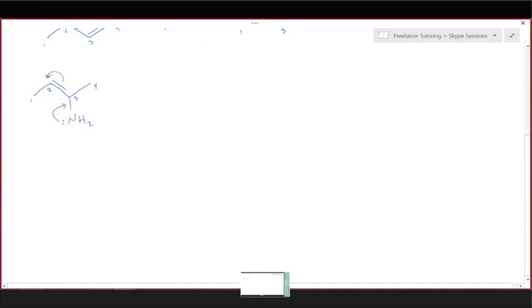Great, and let's draw the rest of the new structure. Okay, excellent. Now, here is very important, you put in the positive charge on the nitrogen.